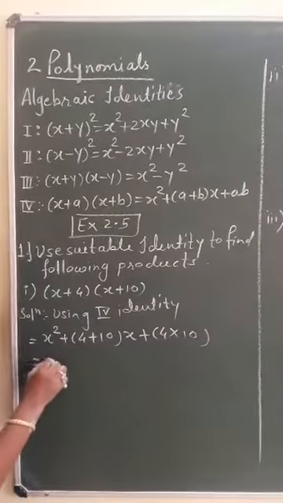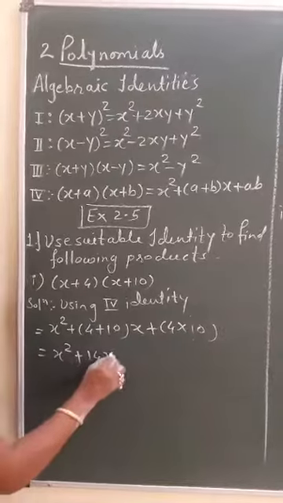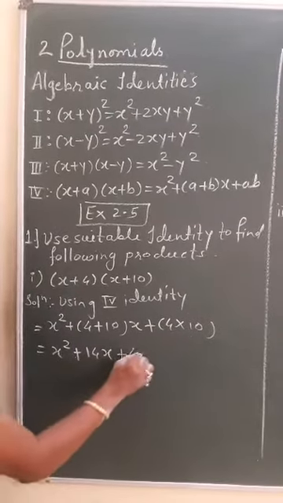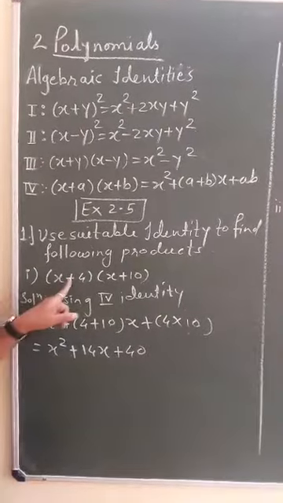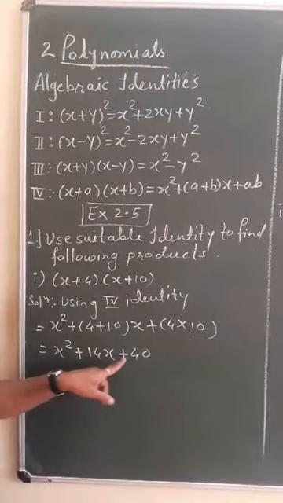So we get x square plus 14x plus 40. So the product of x plus 4 and x plus 10 is x square plus 14x plus 40.